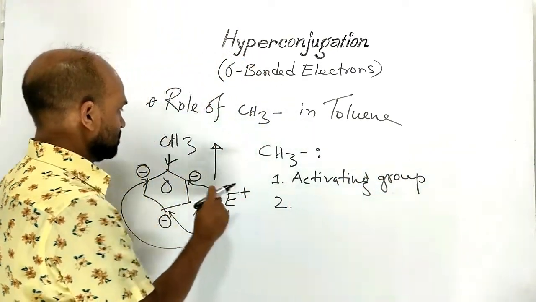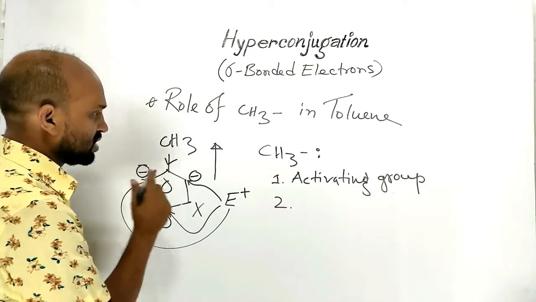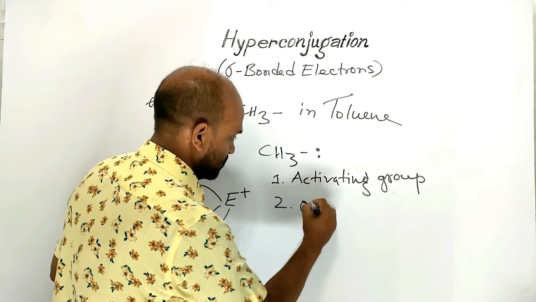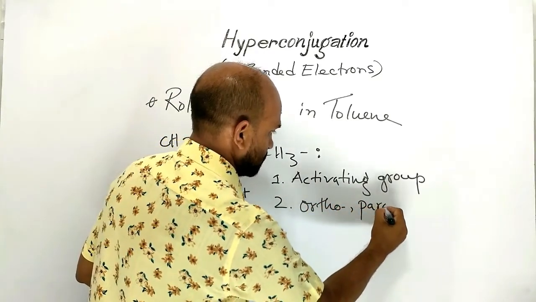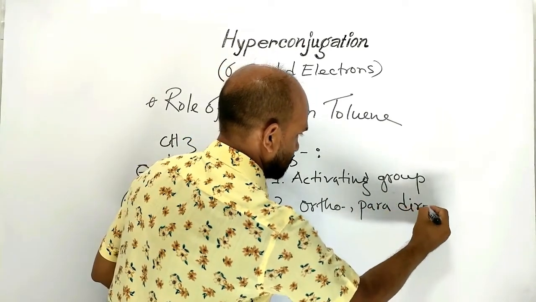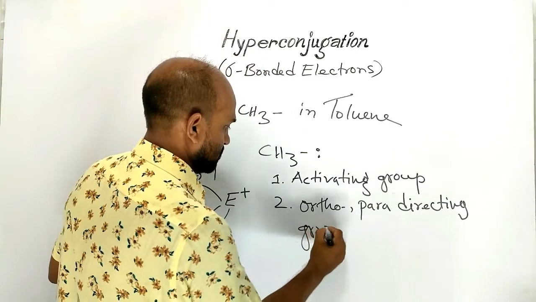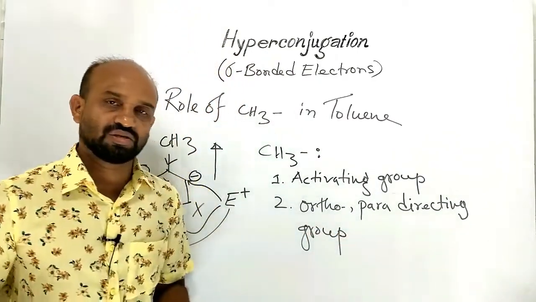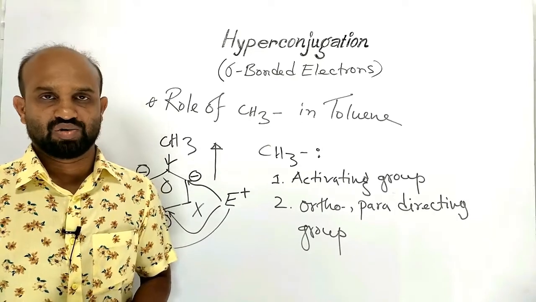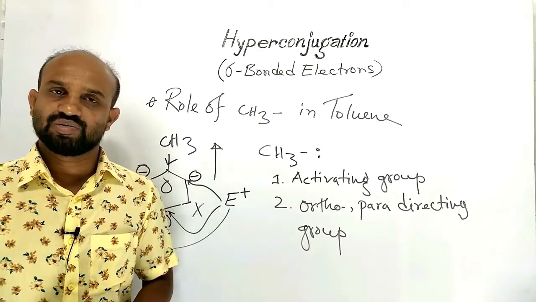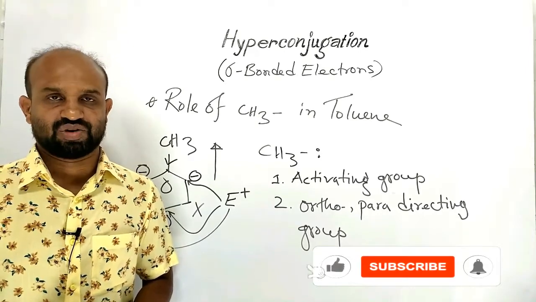Number 2, methyl group is an ortho-para directing group. This is all about the role of methyl group in toluene: benzene ring activating group and ortho-para directing group towards electrophiles.